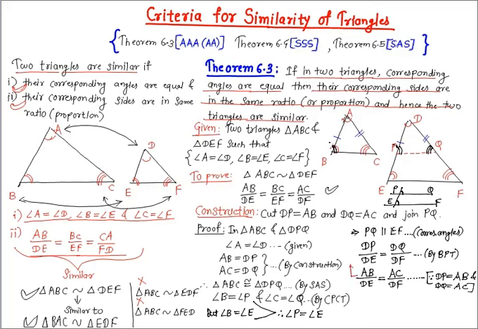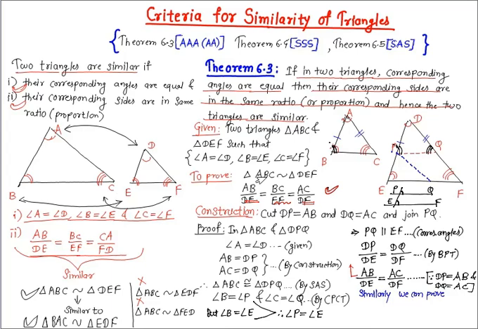If you compare this with the to prove part, we have got AB by DE is equal to AC by DF. That means we have got this term and this term, but the middle term we haven't yet got. And to prove this, we will have to follow the same steps, but this time we'll draw line PQ parallel to side DF like this, and we'll have to repeat the whole steps. But since all the steps are similar, we can write similarly we can prove.